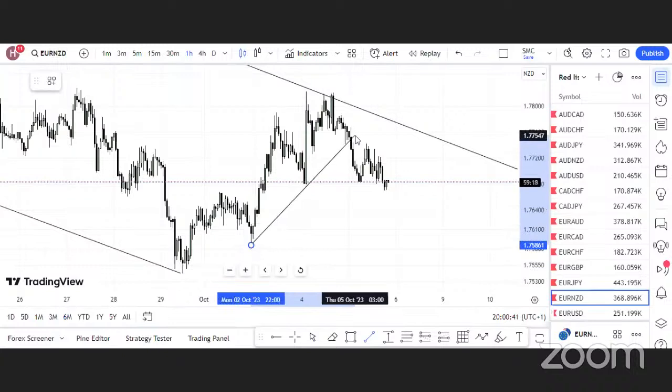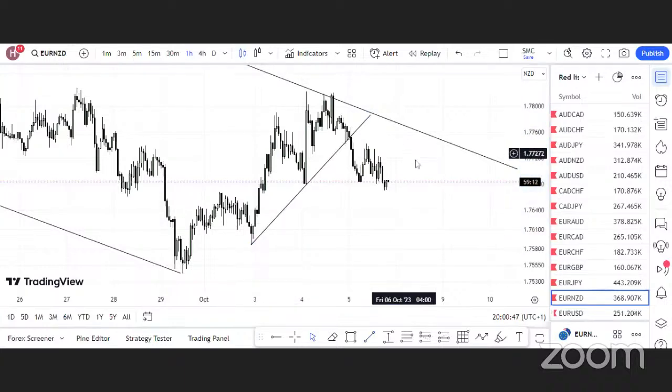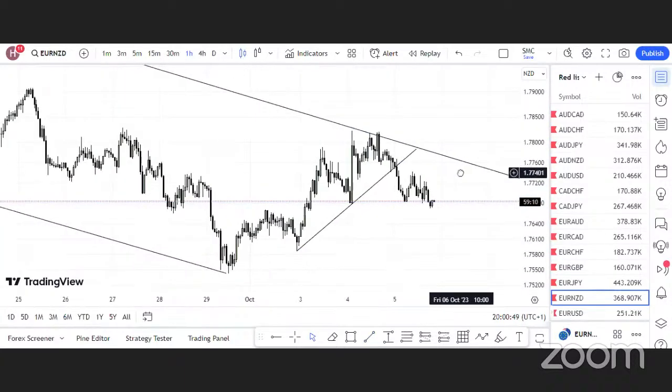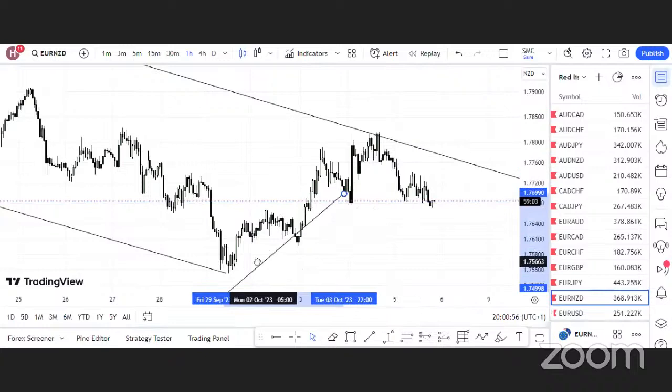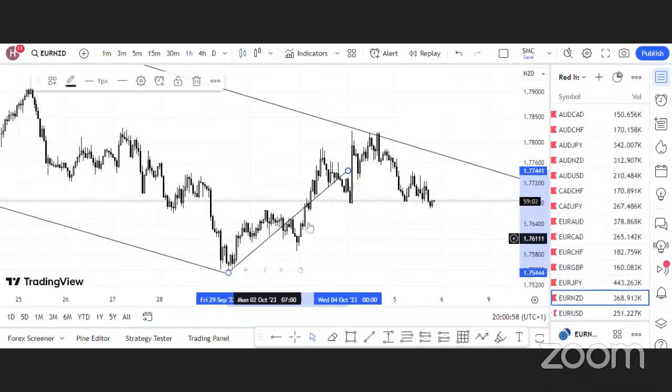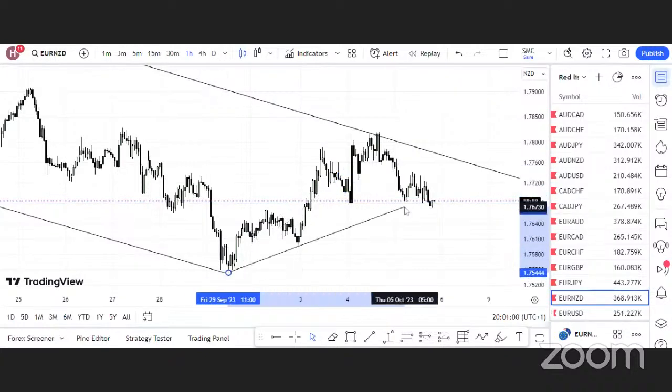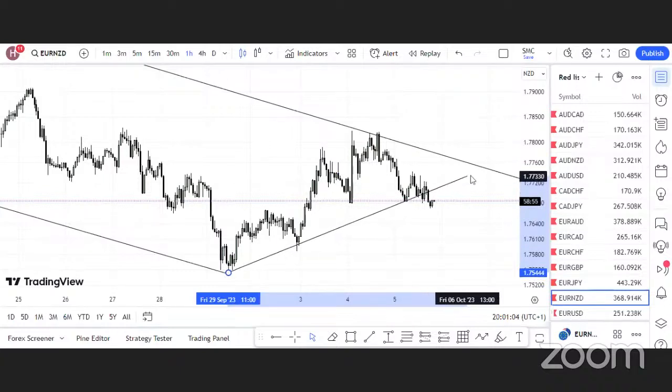One, two. Oh no, let's do it from the lowest. Let's do it from the lowest to what is currently happening.